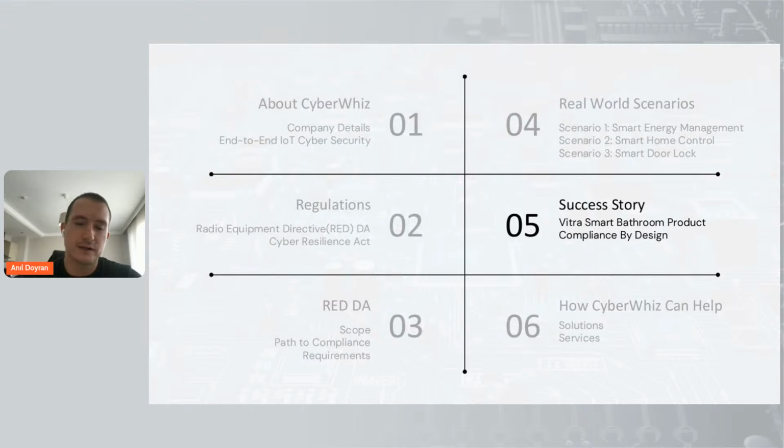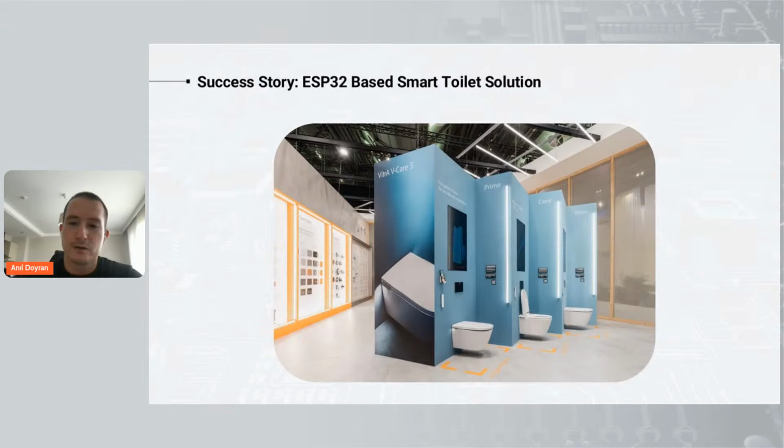Let me tell you about a success story, what we have done for a company. Eczacıbaşı Group is one of the biggest industrial groups in Turkey. Under their Vitra brand, they produce bathroom products, including smart solutions. As I said, the RED DA scope is huge, and even a smart toilet is considered an IoT product and will be under the scope of RED DA.